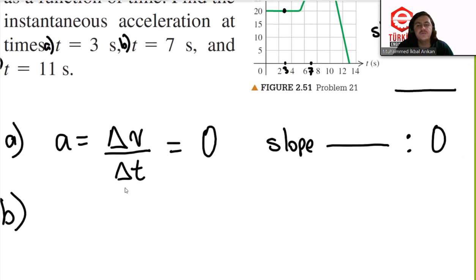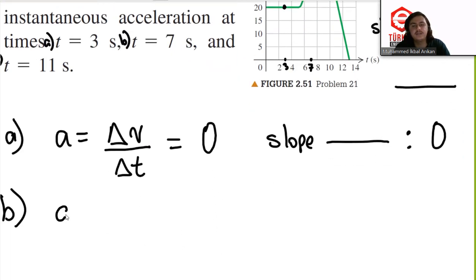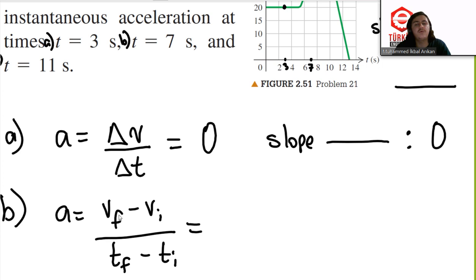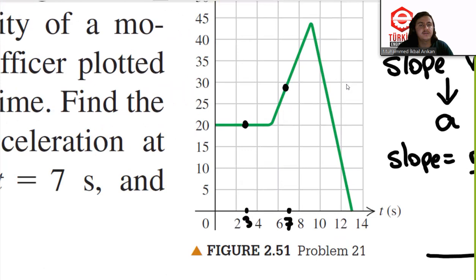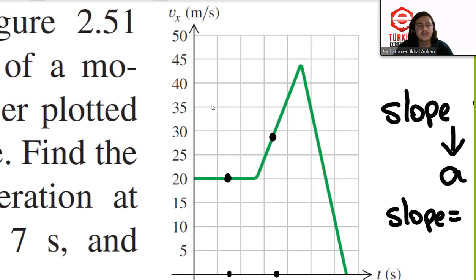Or we can use this formula, okay, delta V divided by delta T. So V final minus V initial divided by T final minus T initial will give me the acceleration. Delta V means V final minus V initial, and delta T means T final minus T initial. What is V final here? I will just take 2 points which are on this straight line.